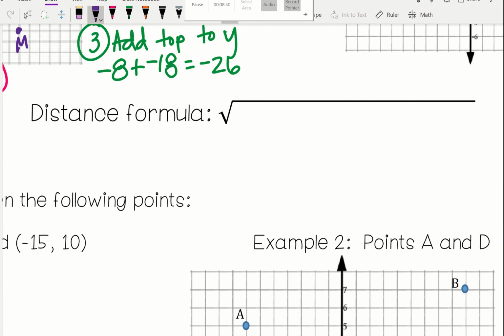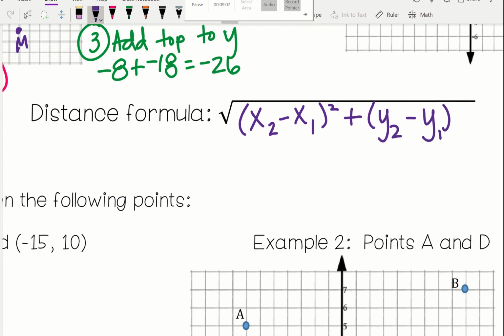So the formula for distance: x2 minus x1 squared plus y2 minus y1 squared. The y's can come first if you want your y's to come first, that's fine.